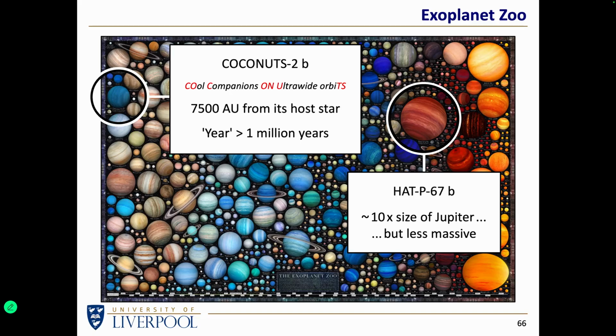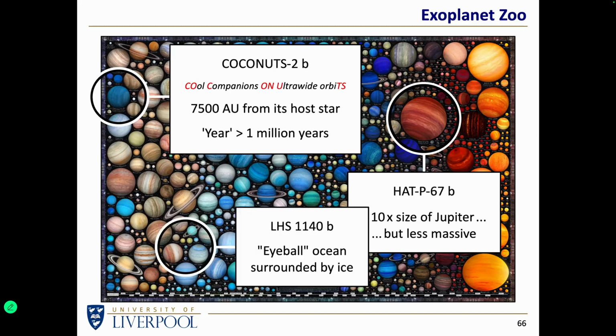But in terms of weird, I think, again, the prize has to be taken by this one. Let's not worry about the name, LHS 1140. It's sometimes called an eyeball planet because what we think it might look like, and we don't of course know, but we think it might look like that, an eyeball, because its temperature would indicate that it's probably covered in ice.